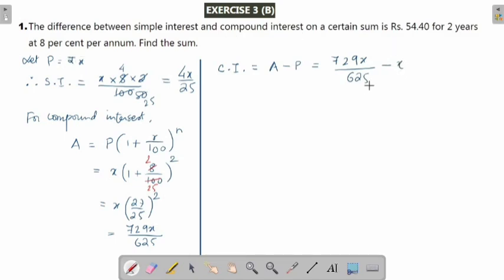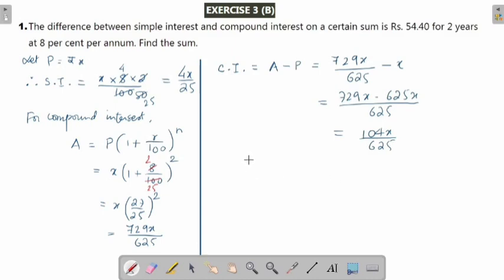When you subtract, you get 729x minus 625x by 625. So 9 minus 5 is 4, 2 minus 2 is 0, 7 minus 6 is 1. So you get 104x by 625. This is your compound interest.